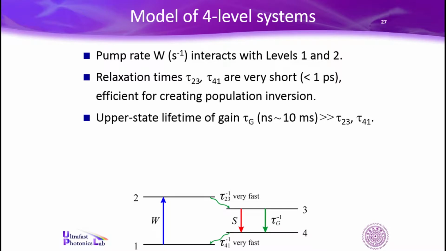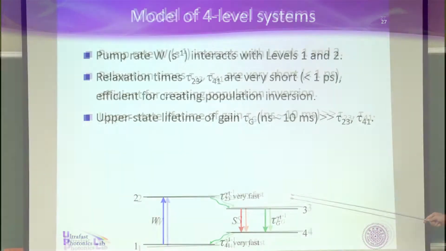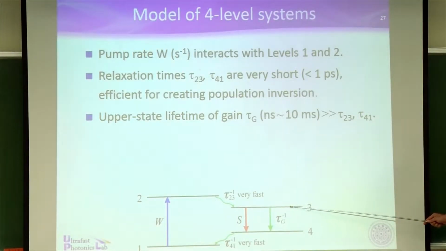Okay, four-level systems. The third relaxation time is the lifetime between levels 3 and 4, denoted by tau g. The range of tau g could be very large.